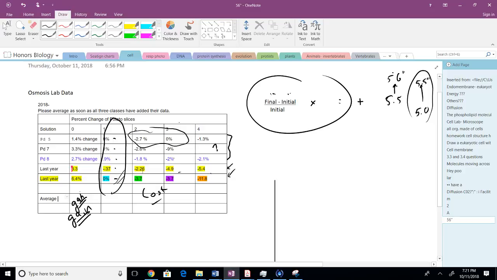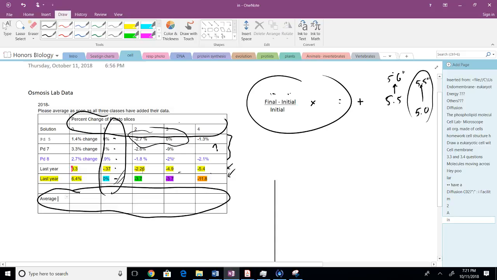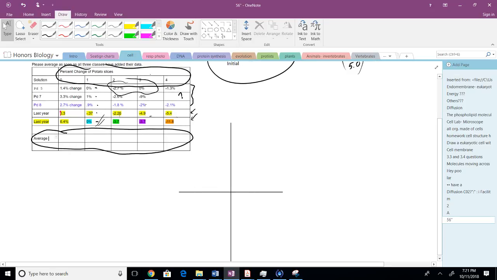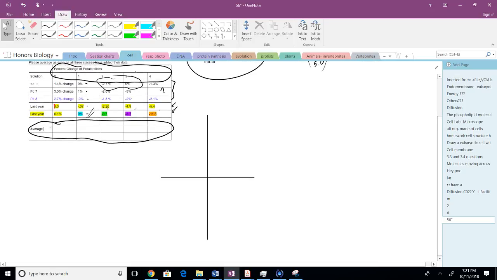Now, feel free to average the numbers, and once you get your average numbers, you're going to graph the average percent change with the solution percentage. So let me set up the graph for you. Now this graph is going to be kind of interesting because you're going to use the negative quadrants, and we've not had a graph do this before.